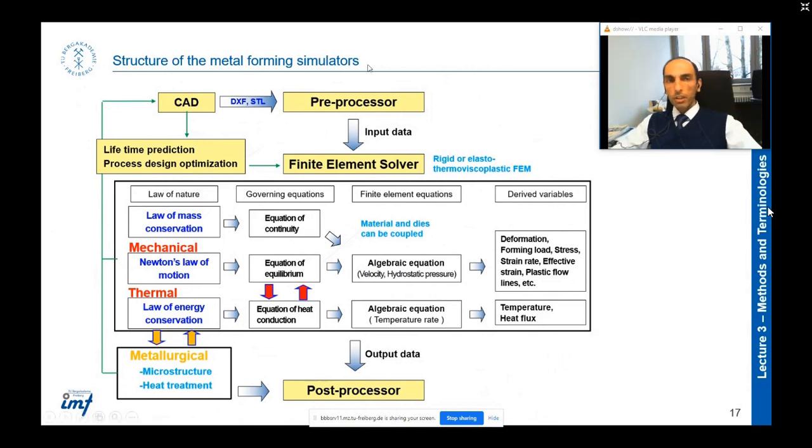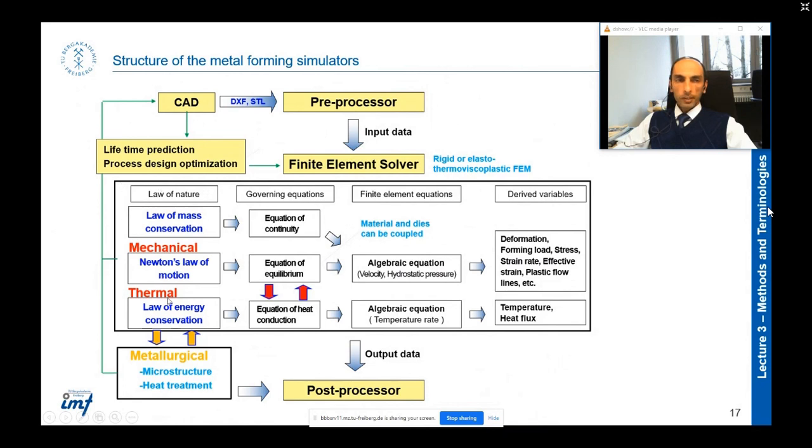You can use different types of files to give your design to the preprocessor, and then you should give some other input data about the material properties, the friction, and boundary conditions, which include the friction and thermal conditions, everything. And then it goes to the finite element solver here.